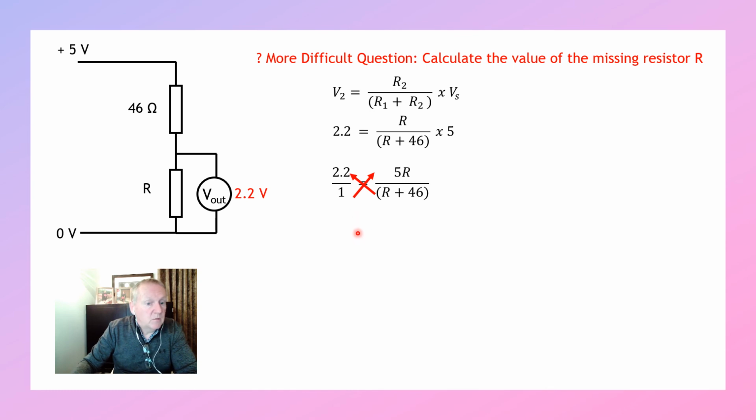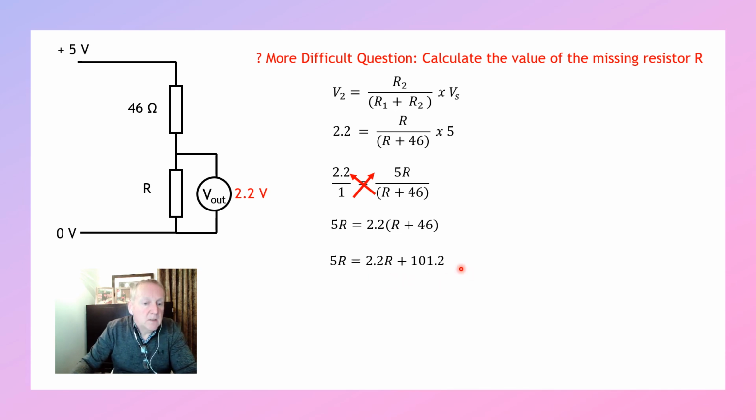So we're now going to cross multiply like this, remembering, well, 5R, I'm going to do that cross multiplication first. So that gives us that 5R equals 2.2, remember in the brackets, times R plus 46. Multiply out the brackets, gives us 5R equals 2.2R plus 101.2.